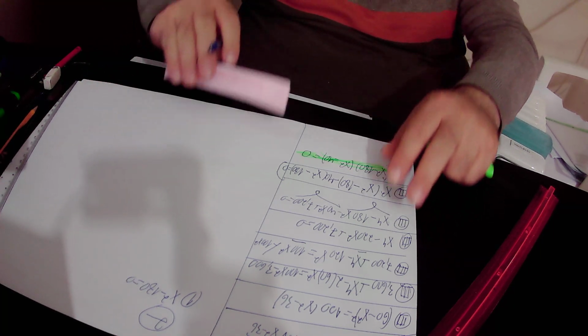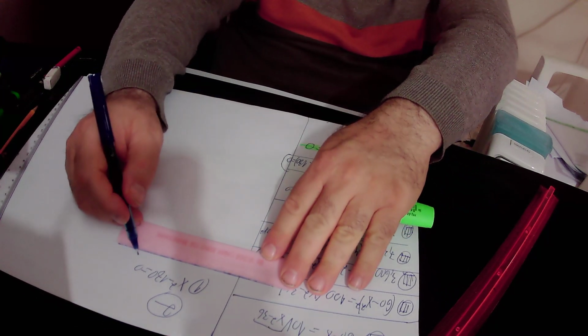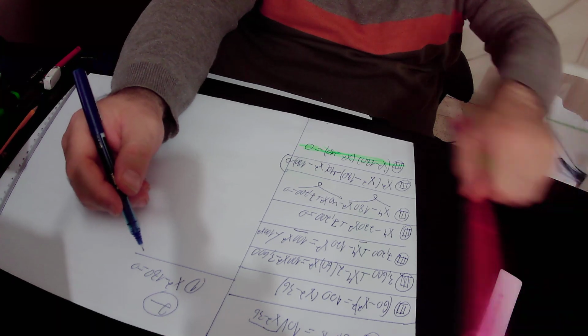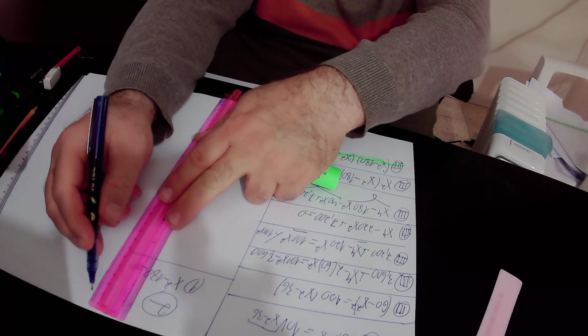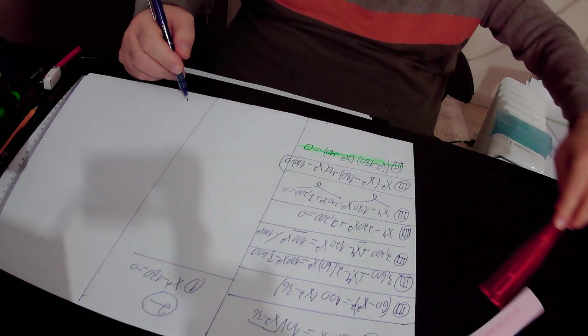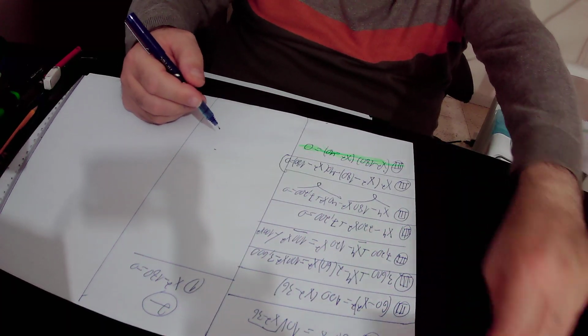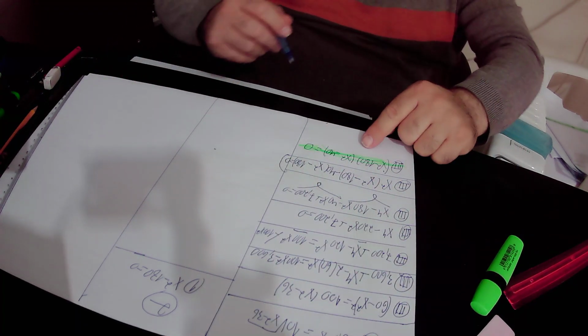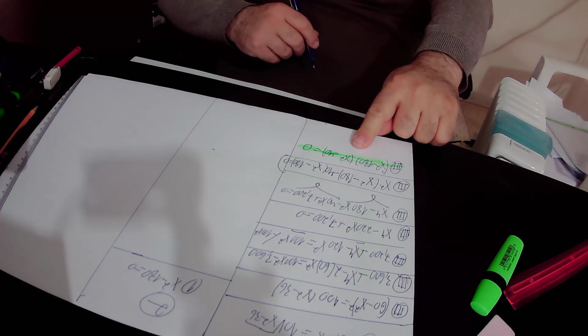And the second solution for x is that x squared minus 40 equals 0.